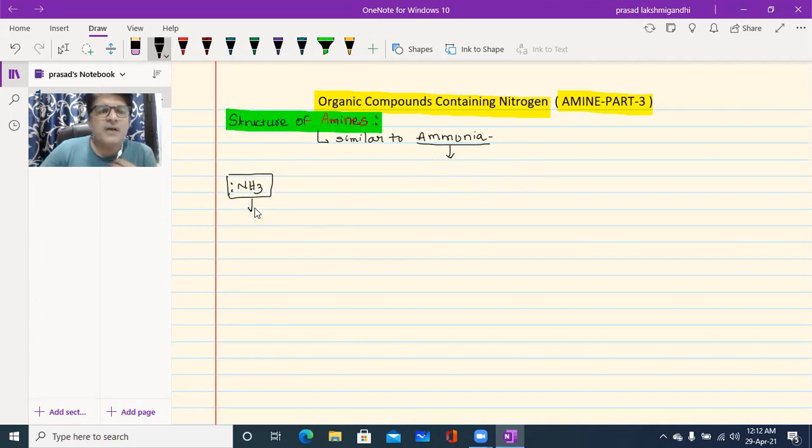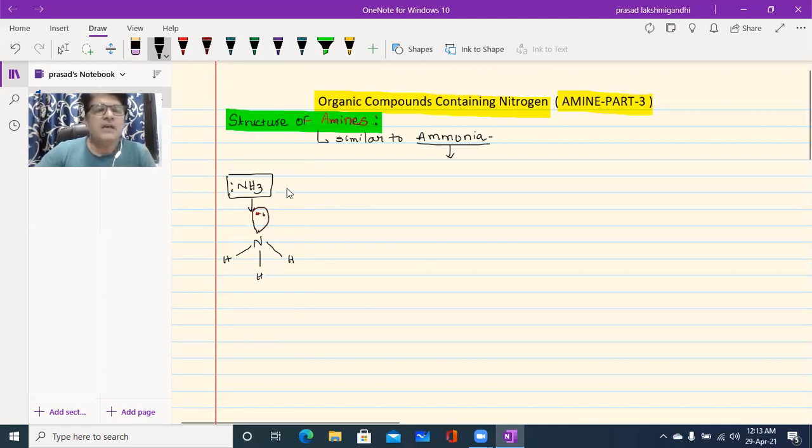In the class 11th chemical bond chapter, we already learned that nitrogen is surrounded by three hydrogen atoms and has a lone pair, and the structure looks like a pyramidal structure, with three bond pairs and one lone pair.